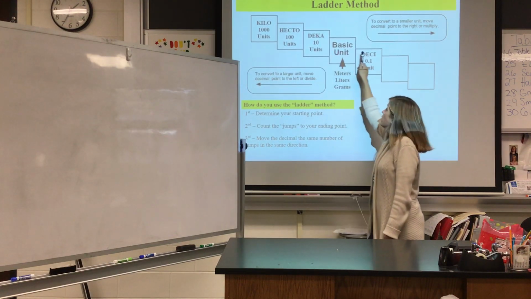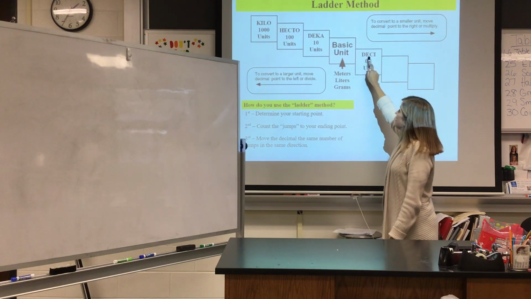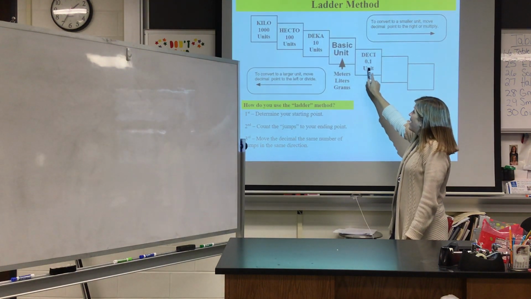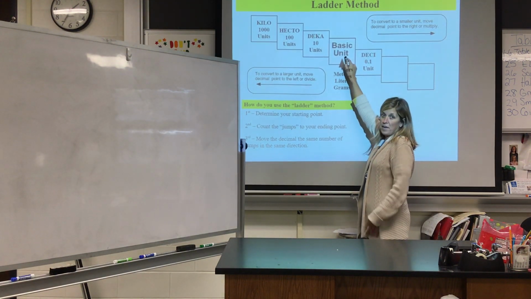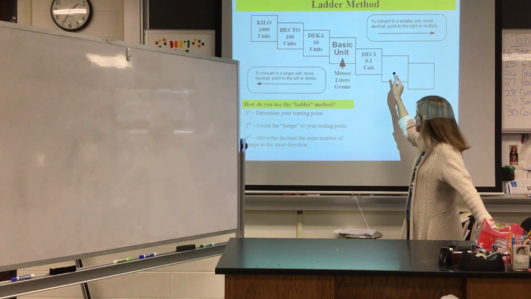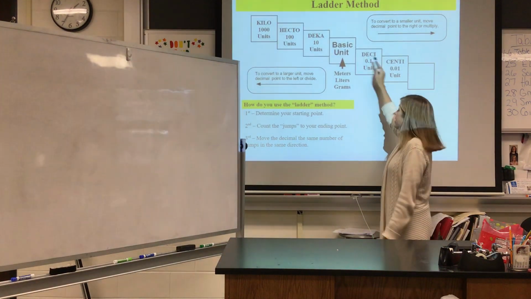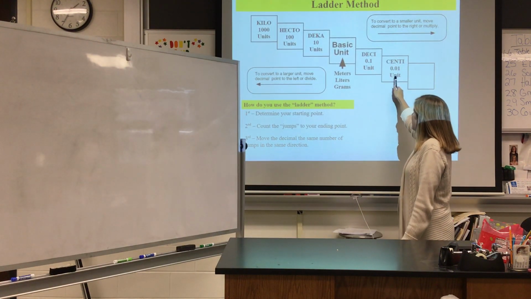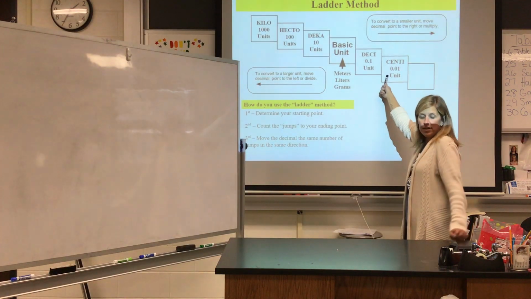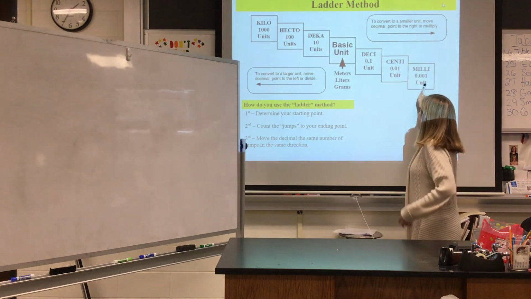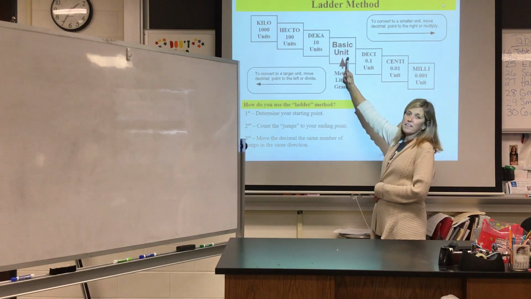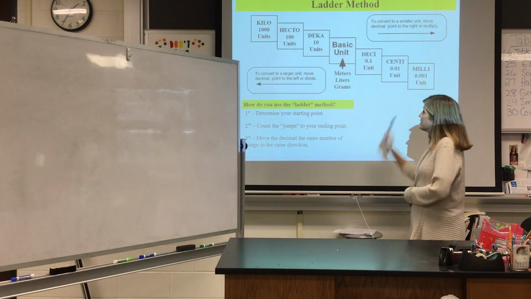These are rather similar, don't get them confused. Deci is 1/10 of the basic unit. Centi is even smaller than that, and that is 1/100th of the base unit. And milli is 1/1,000th of the base unit.